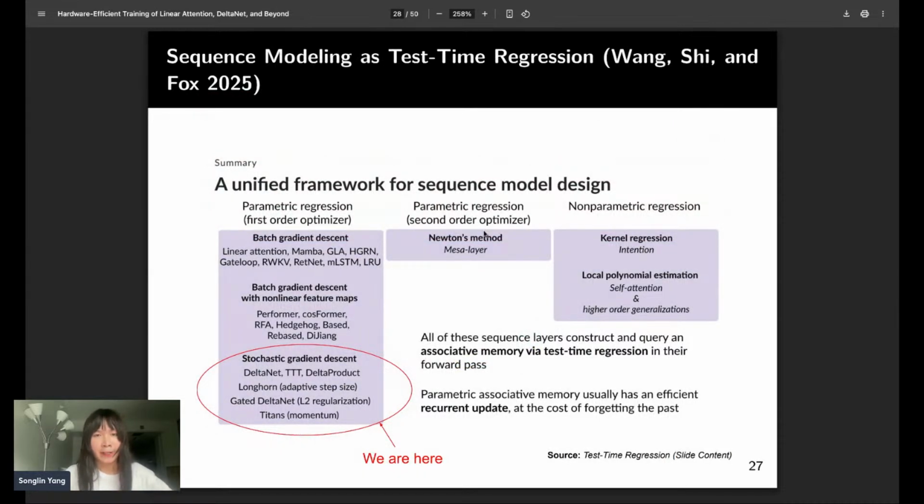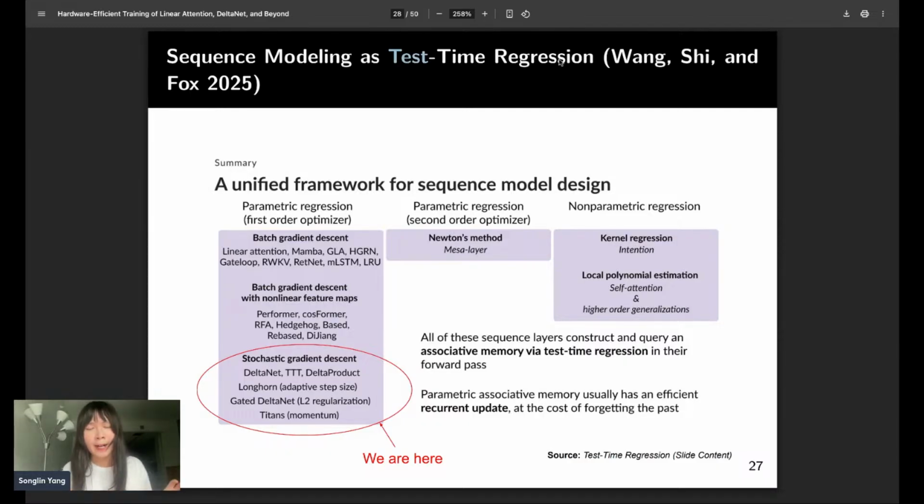Okay, now we know that Delta Net performs very strongly in in-context retrieval. Let me connect Delta Net to a very recent concept called test time training, or test time regression. Here we have a very elegant framework called test time regression.